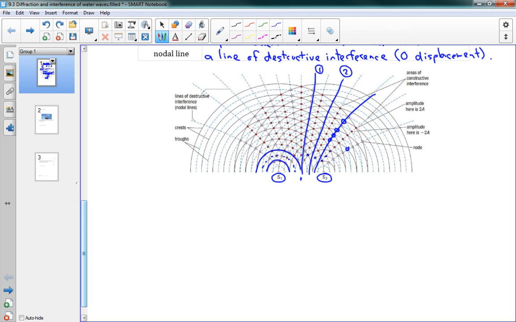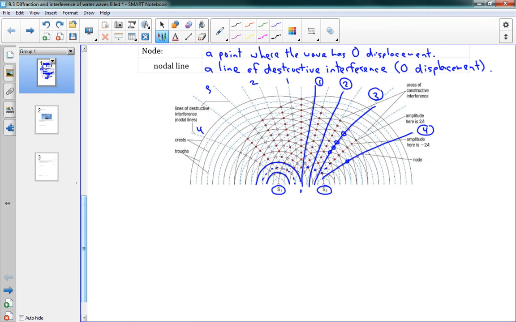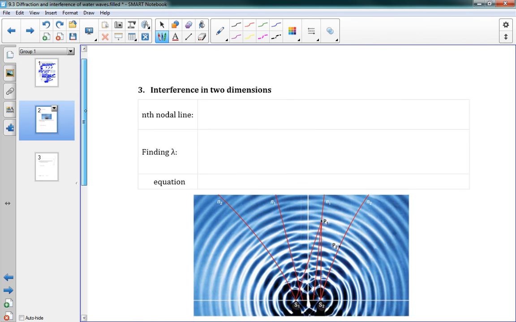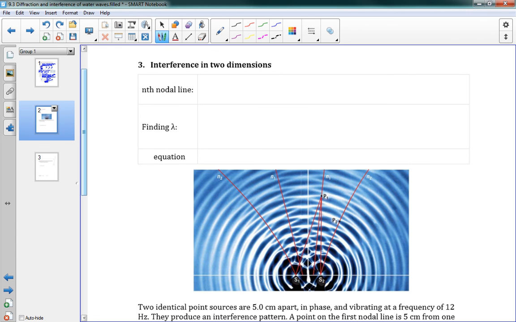This is the second one. This is the third one. I can keep going. Here's the fourth nodal line. And notice I'm just counting in one direction. I could count 1, 2, 3, 4 in the other direction as well. Okay, so we're going to be talking about those nodal lines. They're very important, but that's the idea. That's what they look like. On the next page, we're talking about interference in two dimensions.